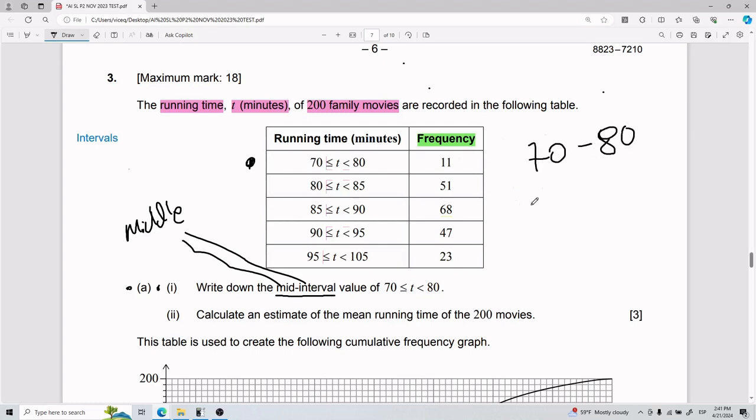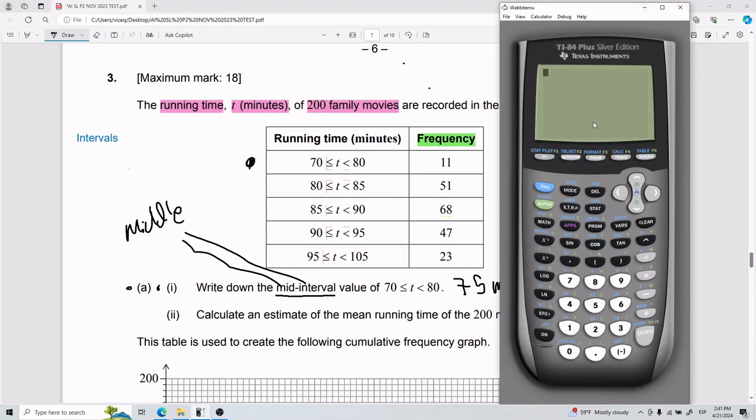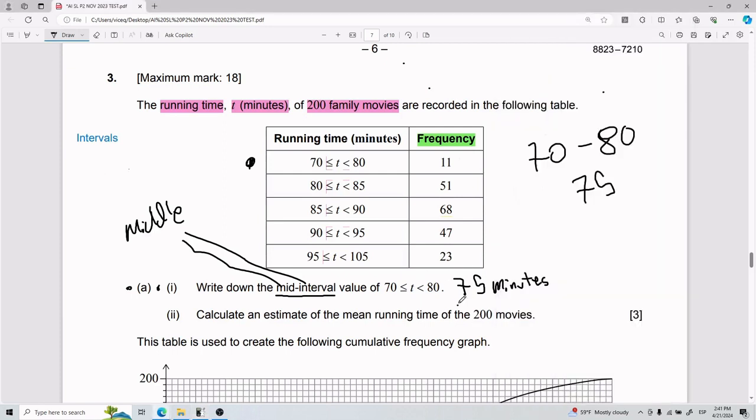The middle between 70 and 80 is 75. Literally. For part A, part I, you are going to put 75 minutes. If you're stressed about showing your work, you can write 70 plus 80 divided by 2. That gives you the 75. So that's part A, part I.